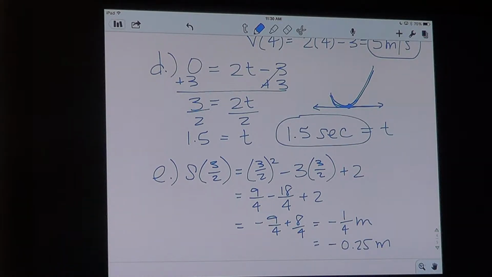Yes? Okay, either one of those is fine. So it's actually below the line at that point. I didn't get that. You didn't? What did you get? I got 4.25.